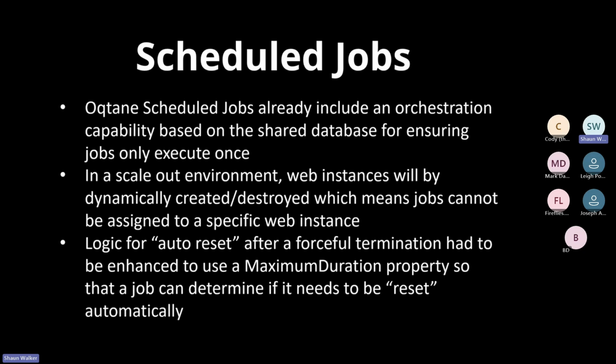That can be used to ensure that a job is not executed on more than one web instance simultaneously. Because if a job's already executing, another web instance within the environment doesn't need to execute it. So it already has this built-in orchestration.